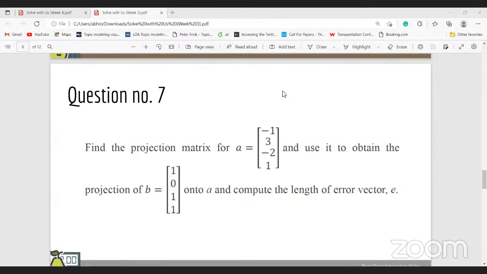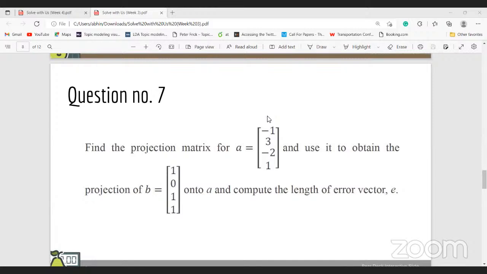Anyone having any difficulty in the approach? Please ask. Feel free to ask questions. Sir, can you repeat the formula? Yeah, I'll repeat step by step. First, find projection matrix P, which is equal to A transpose divided by A transpose A. This is my first step. Second step is to multiply this projection matrix P with B, so you'll get PB.